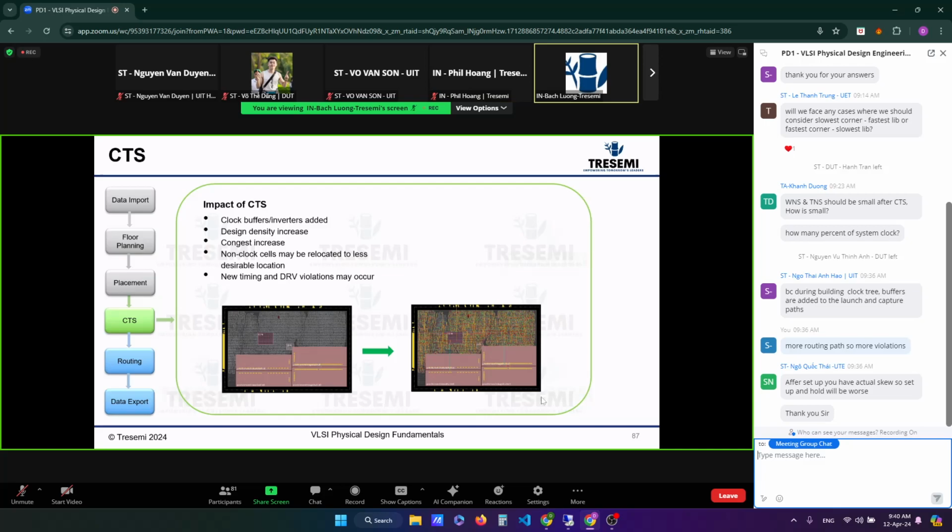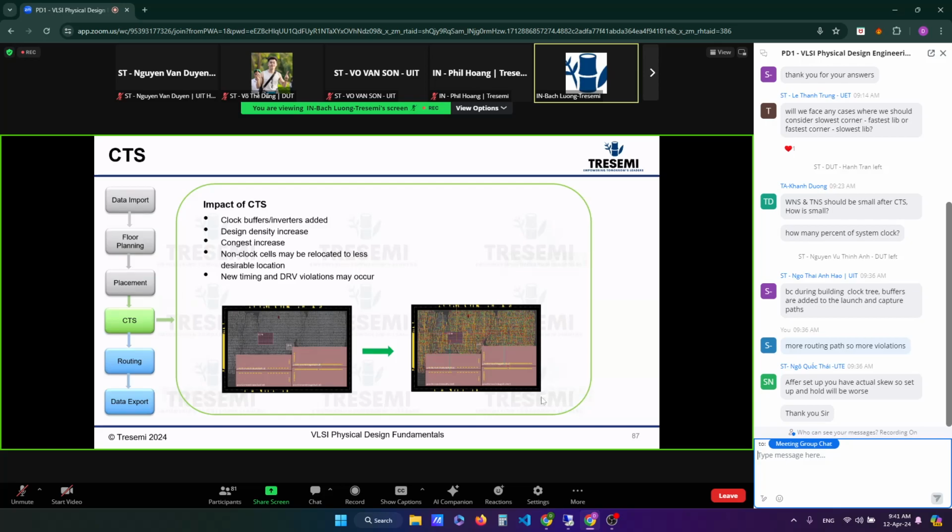Let me link it back to some of the terms we used in a couple of lectures. Remember we talked about clock uncertainty. We discussed that it is used to model the clock jitter or the uncertainty around the edge of the clock. That's the model of the skew that Phil is talking about. And then depending on whether it gets worse or better, generally it gets worse, but some paths will get faster, like he said. Remember we talked about positive and negative clock skew and how it impacts timing.